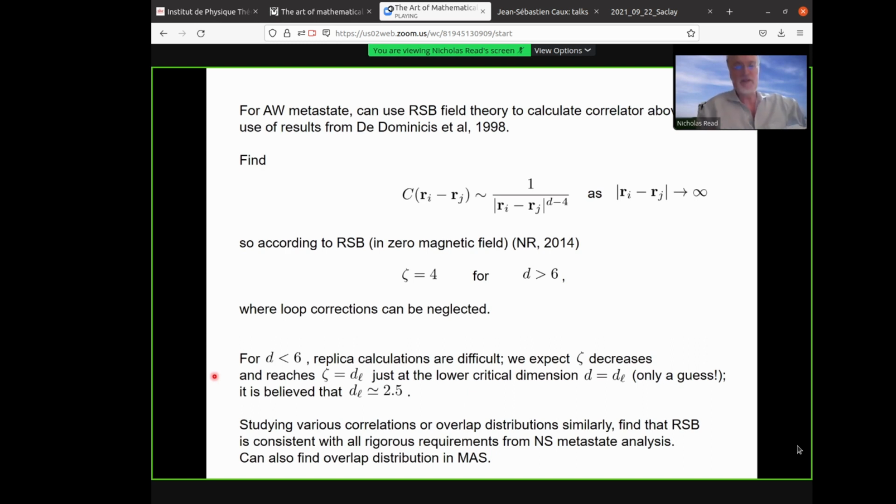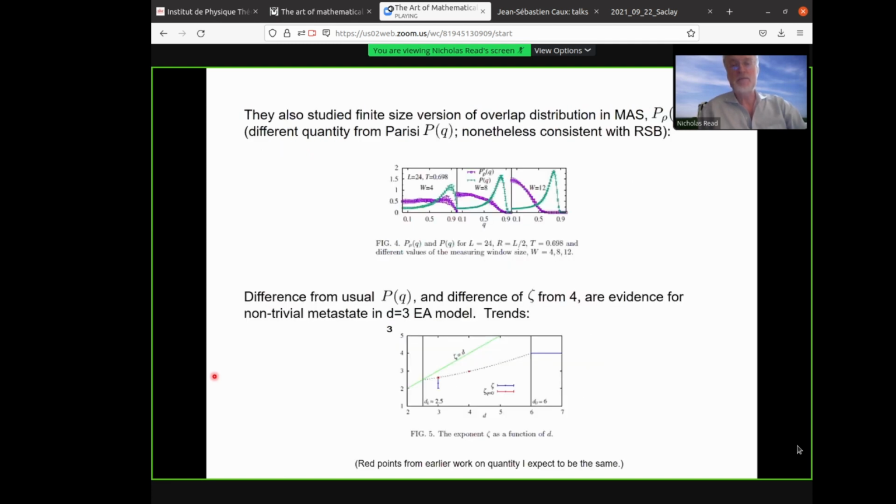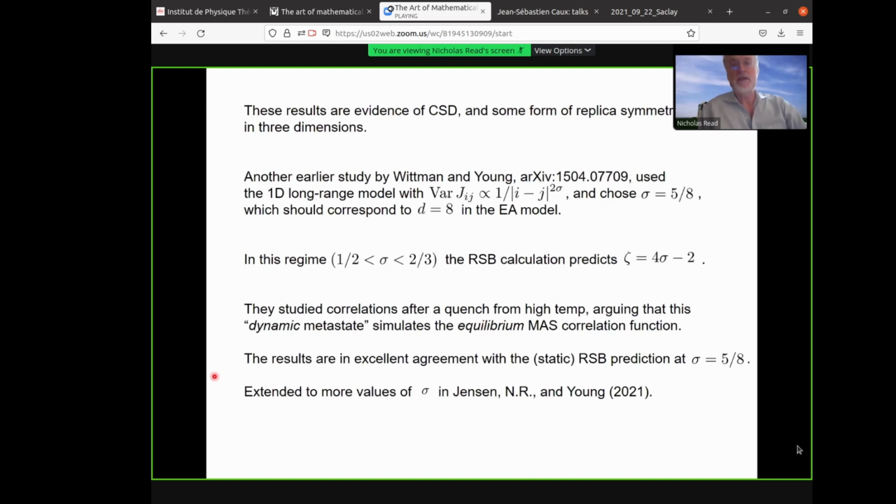And so we can also calculate other properties of the metastate and the overlap distribution using the field theory as well. I won't go through this whole slide or the next one, but I'll briefly mention that there are numerical calculations, which this one was in 3 dimensions and produces a non-zero number that's not equal to d for zeta, and some other evidence there.